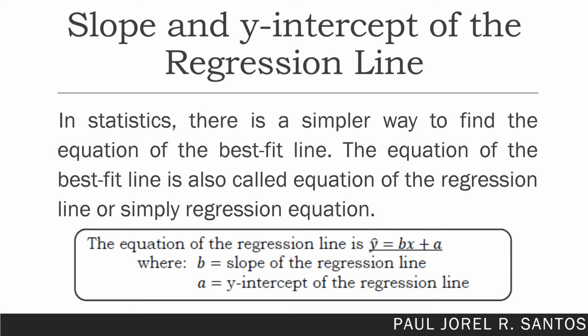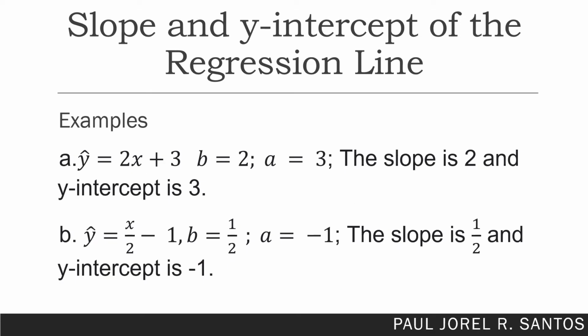So the equation of the regression line is given by y hat equals bx plus a, where b stands for the slope of the regression line, while a is the y-intercept of the regression line. Just to give you some examples, we have here the regression line y hat equals 2x plus 3.